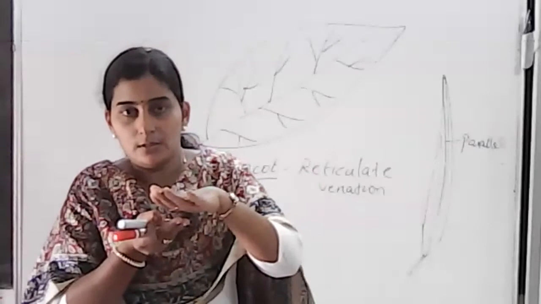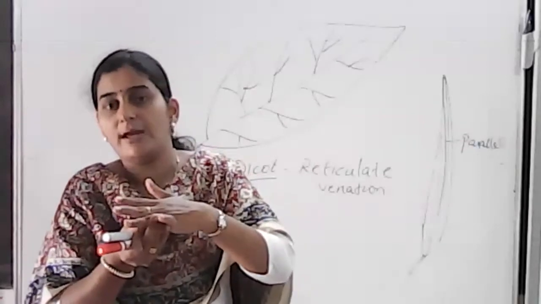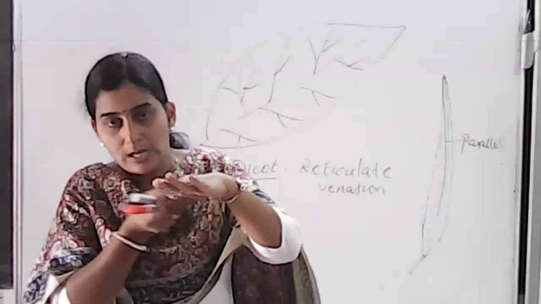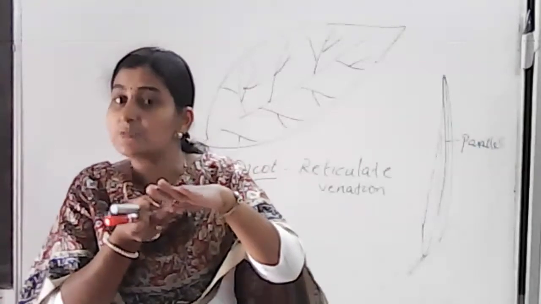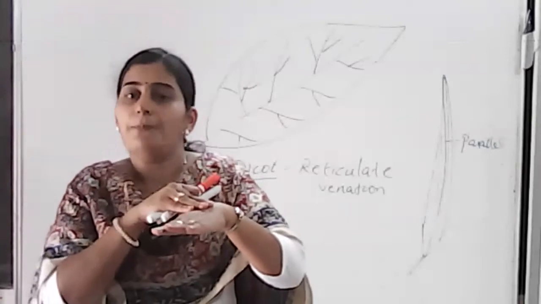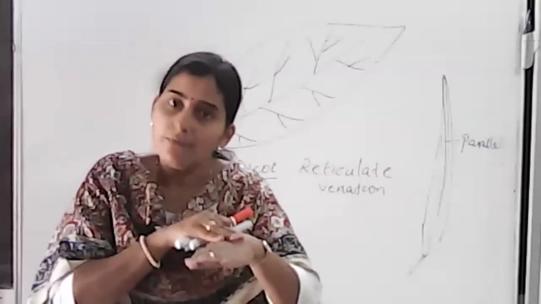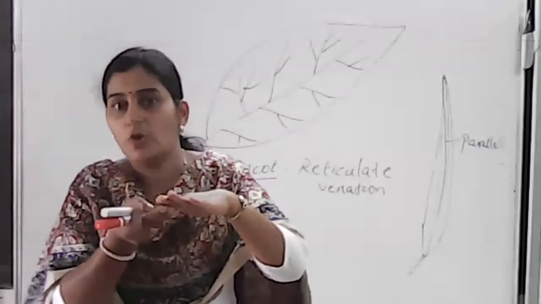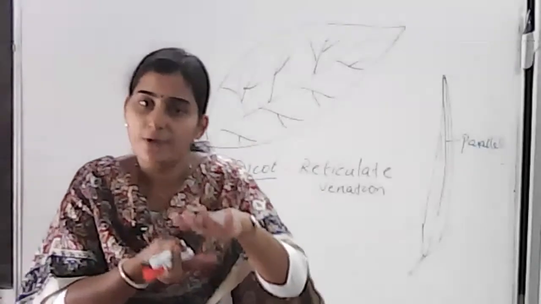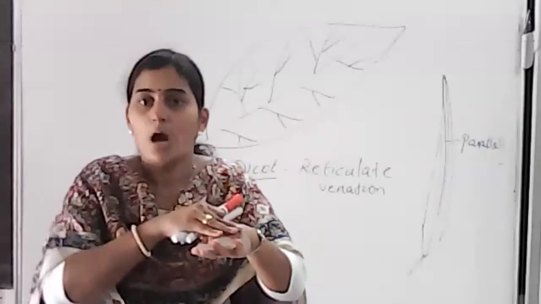After mid time or after 4 or 5 hours, you can see that the blue cobalt chloride paper we kept on the lower surface turns pink first compared to the upper surface. From that we can prove that more stomata are seen on the lower surface and more water came from the lower surface compared to the upper surface.